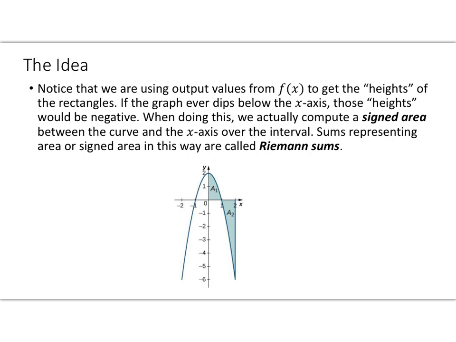Remember, signed area is what happens when we count area above the x-axis, like A1 there, as being positive, and area below the x-axis as being negative. And the signed area then would be just A equaling A1 minus A2.